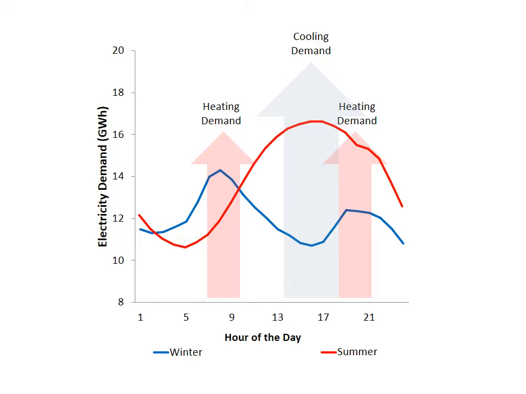It's associated with increases in cooling demand because that's the hottest part of the day. And in the wintertime, peak electricity demand occurs in the morning and the evening, and that's associated with economic activity, but also heating demand, right? So the warmest part of the day during the wintertime is the middle of the afternoon, late afternoon, and so heating demands are lower then.